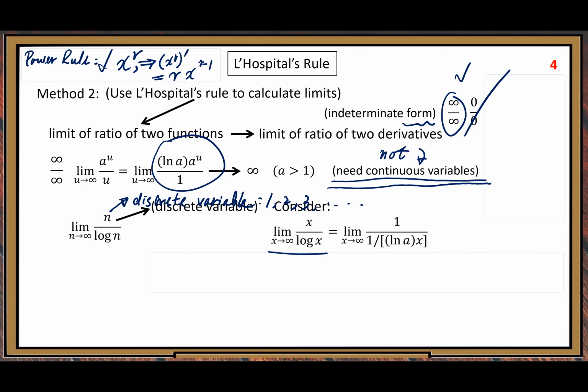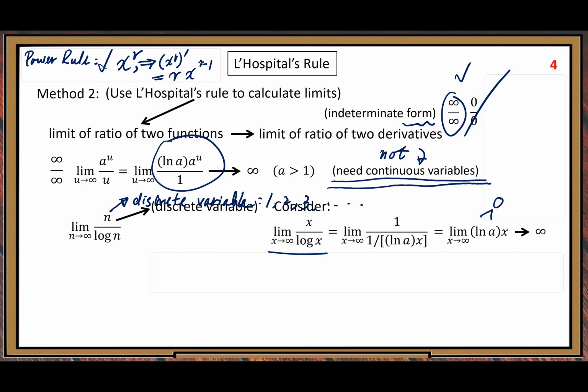Then we simplify. After simplification, the constant natural log of a is a positive number, because a is greater than 1. Then x goes to infinity, so this number also goes to infinity.